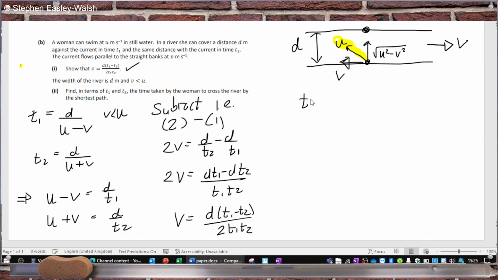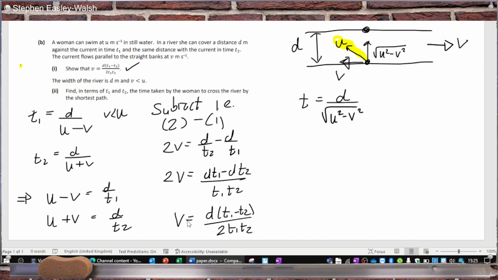So the crossing time would be d over root u squared minus v squared. But I don't want that. So I'm going to have to simplify it. What to sub in? I'm probably being hinted to replace the v because we just had to find the v previously.